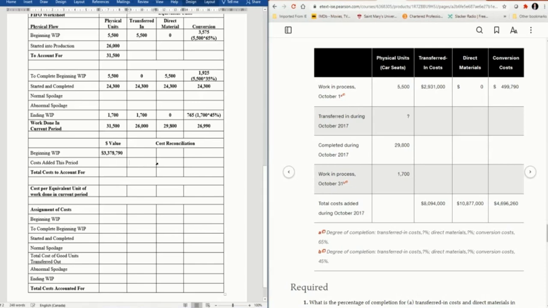Well, what are my costs added this month? I'm just going to copy them from the screen. 8094. 10877,000. 469,6260.